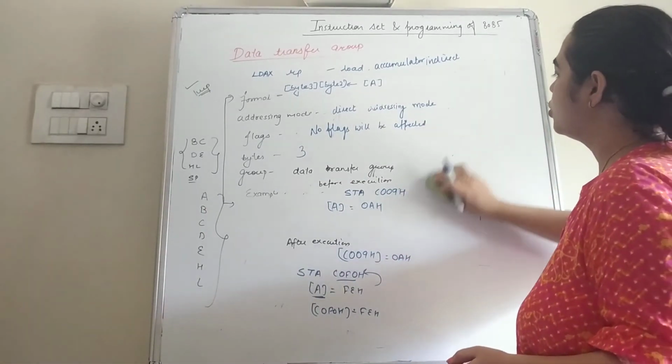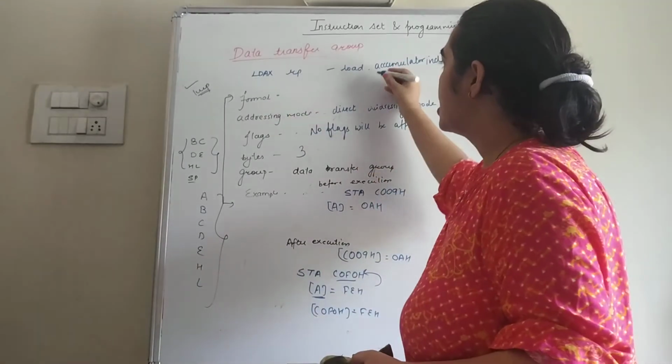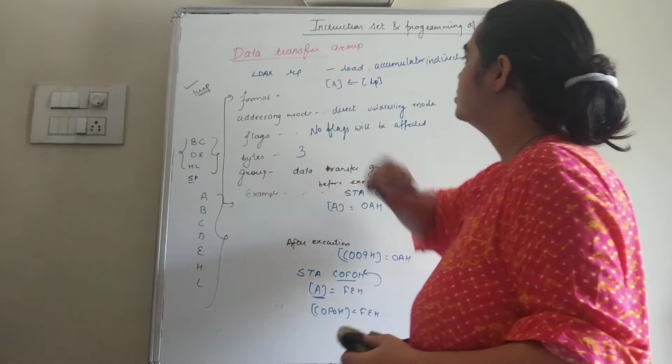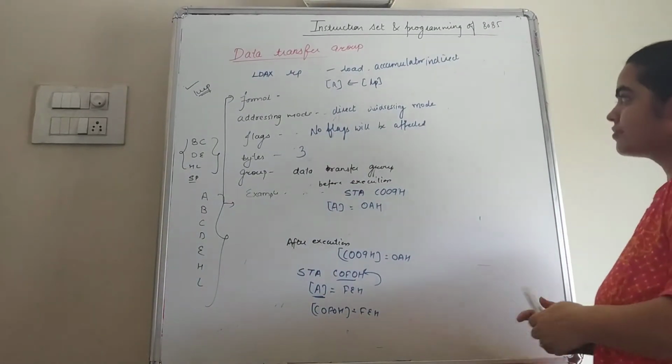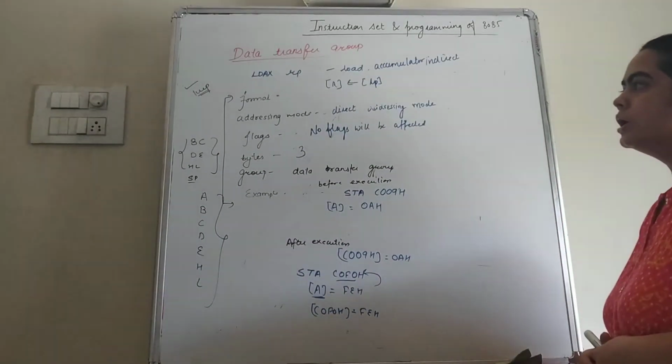So this is load the accumulator indirect. The format for this instruction is a register pair, and here it is the accumulator. The contents of the memory location that is stored in RP will be loaded into the accumulator.